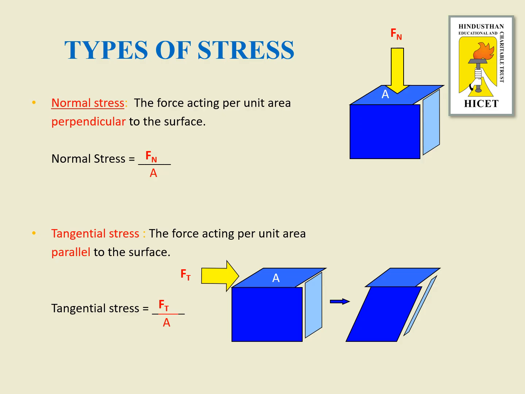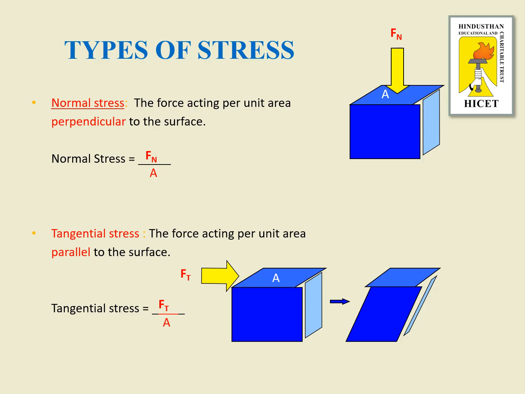Normal stress and tangential stress. Normal stress is the force acting per unit area perpendicular to the surface. Normal stress is equal to F normal divided by area A. Tangential stress is the force acting per unit area parallel to the surface.